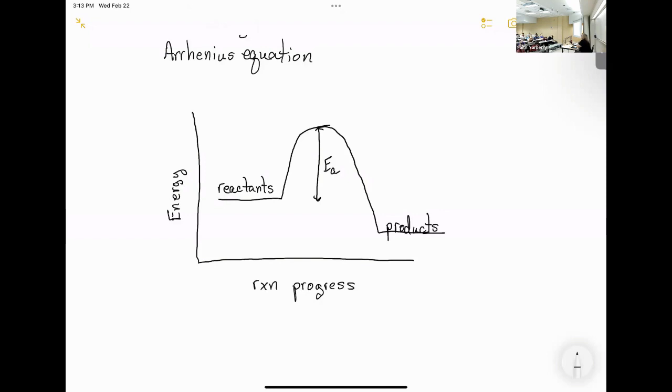Now I'm going to describe this difference between the reactants and the products in terms right now, because it's the only term we've ever really talked about in college chemistry. We're going to describe it in terms of the enthalpy, the heat of the reaction.